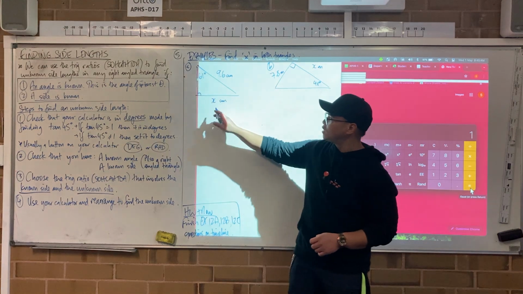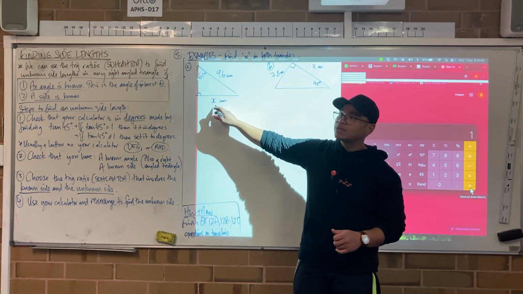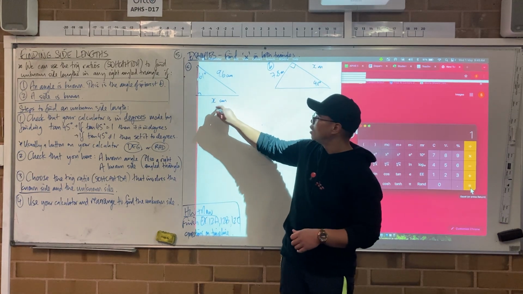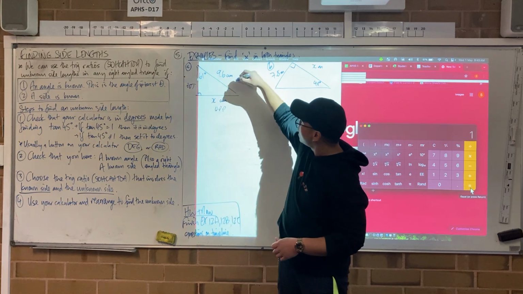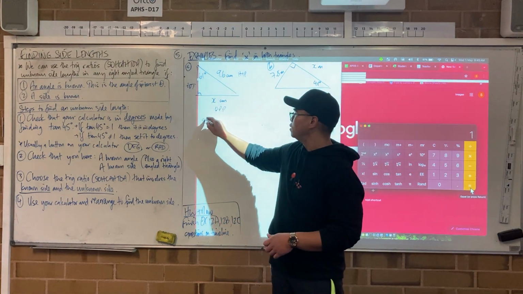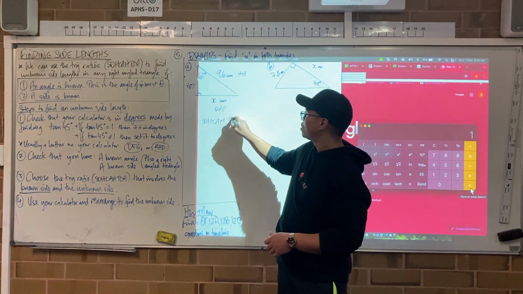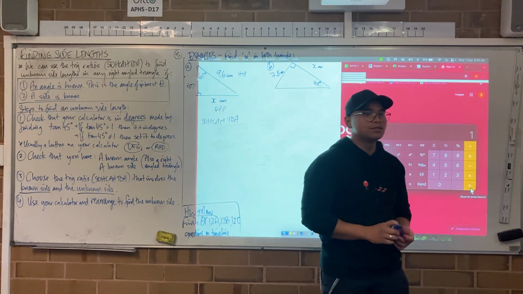In relation to 61 degrees, what is x? Opposite, adjacent, hypotenuse. Good. This one is adjacent. This one is hypotenuse. So which of the trig ratios, SOHCAHTOA, involves opposite and hypotenuse?